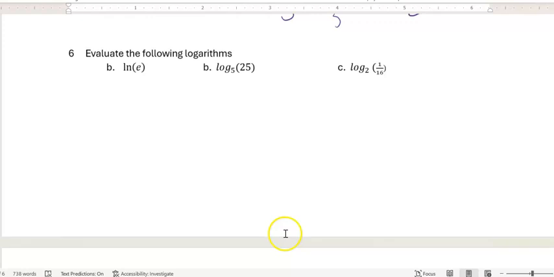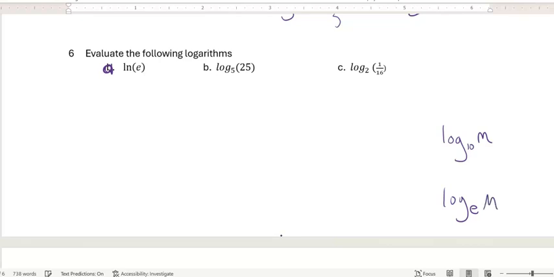Now let's evaluate some. Before I get to part A, we've got to talk about two very special logarithms. There's a log base 10 of, let's just call this a variable m. And then there's a log base e. We talked about that number e in the last section when we talked about exponential functions, a very special number.